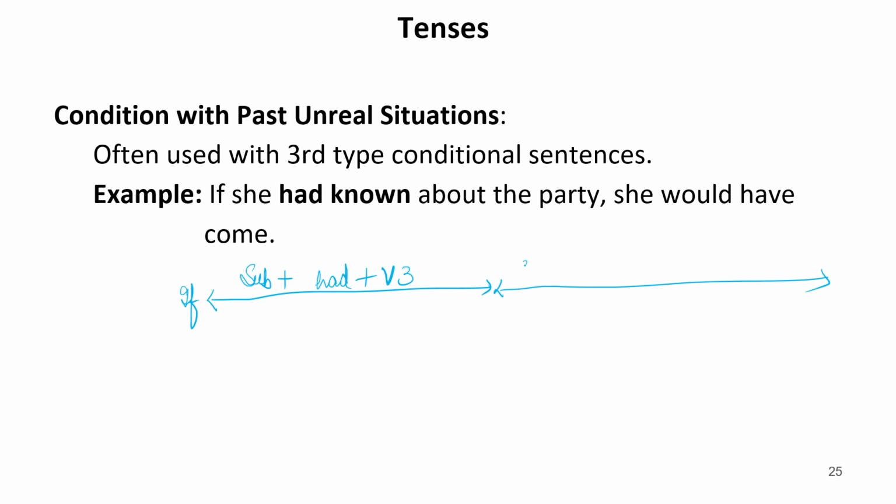The remaining clause will be like subject plus would plus have plus verb third form. Now, if she had known about the party, so she had known is past perfect tense, she would have come. So this is the structure: the remaining clause like this, and the first clause like this. So in type 3 condition, past perfect tense is used.